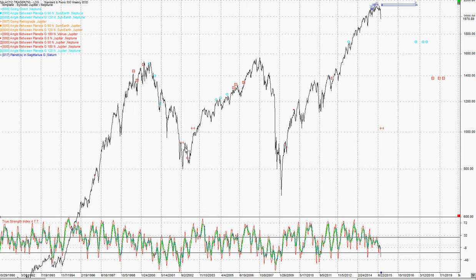We slid down, and these double arrows, they are the opposition. So in the sky, Jupiter is opposing Neptune. Also a 3-pass, and they also marked out very well the 2002 and 2003 lows.